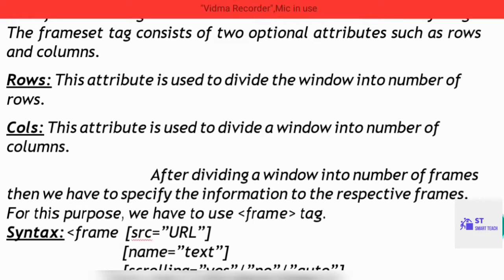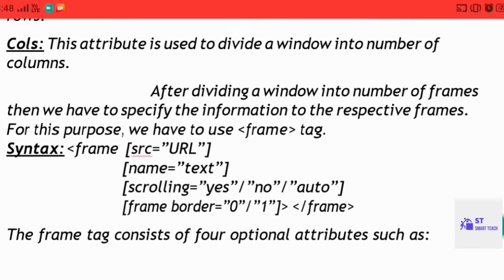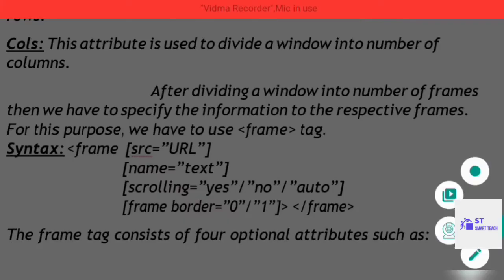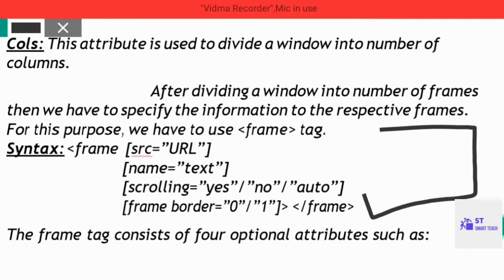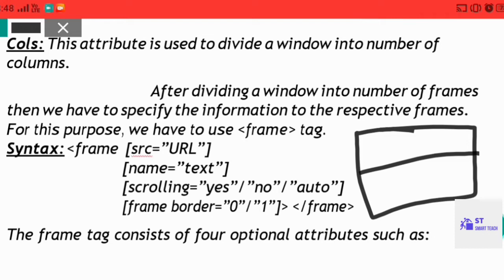After dividing a window into a number of frames, we have to specify the information for the respective frames. Here I divided the browser window into two parts, so this is one row and this is one row. Each part in the frame will hold one document.